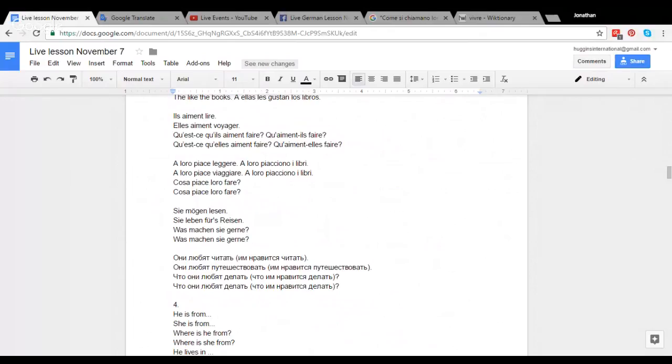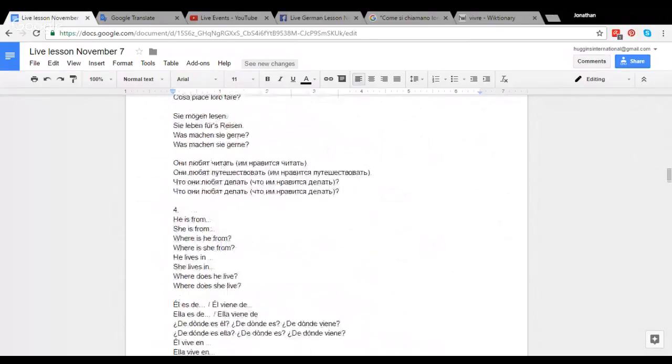Other languages like Spanish and French have a difference, like él or ellos, ellas, but German just has this one form sie, just like in English you have the one form they. And again, we're using gern, gerne, with a lot of these verbs, and the en is for this plural form. So mögen, leben, machen.